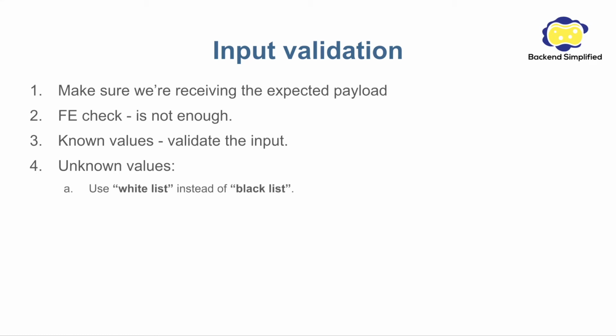The first tip is that we should use a whitelist instead of a blacklist. But you might ask yourself, what is a whitelist and what is a blacklist? A whitelist is a list where you say, all these options I accept in my application. The blacklist, as you may suggest, is the opposite.